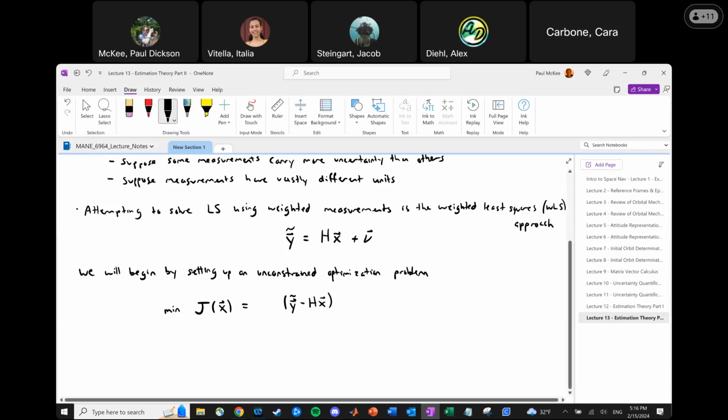If you're minimizing a function that can go negative, you could just go arbitrarily small. So we want to force it to be a positive value. One way we would do this is to take this, which is a vector, and dot it with itself.